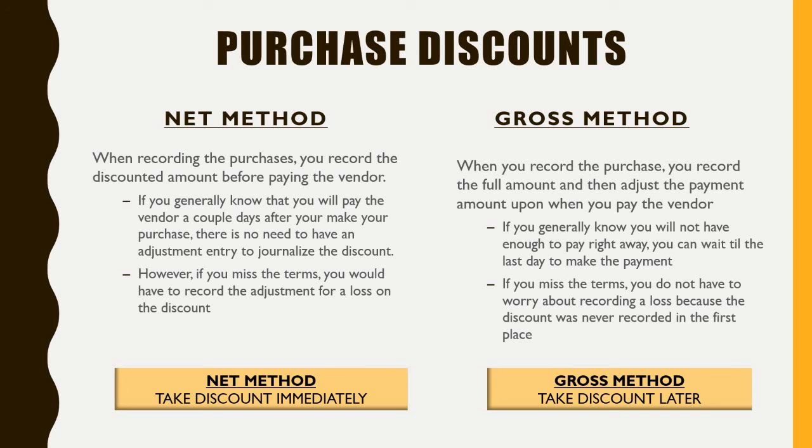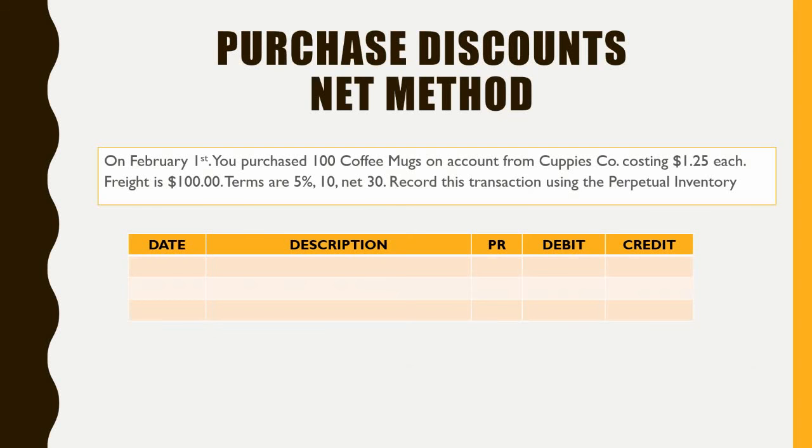So the gross method would be more for startup companies. Gross method is where you record it at regular price, and whenever you make the payment, you record the discount afterwards. We saw this before, but this time it's perpetual inventory.